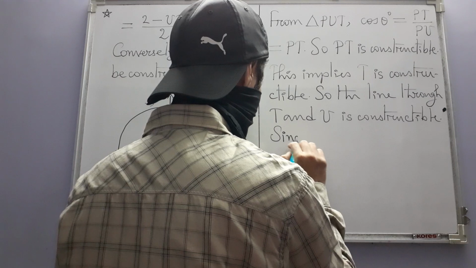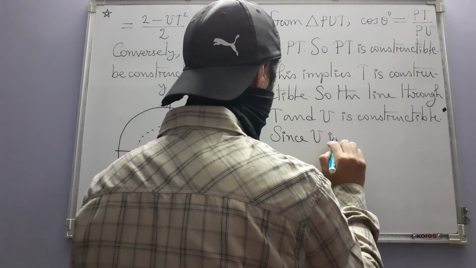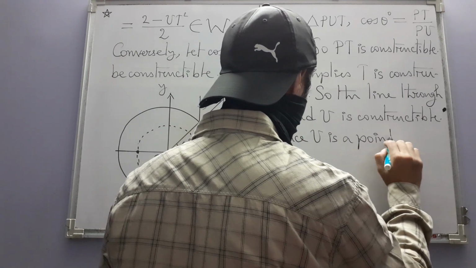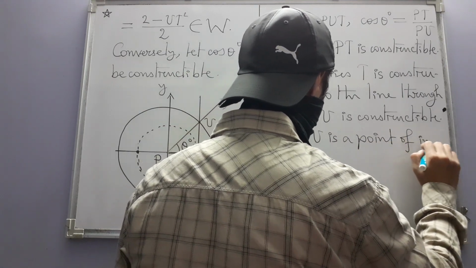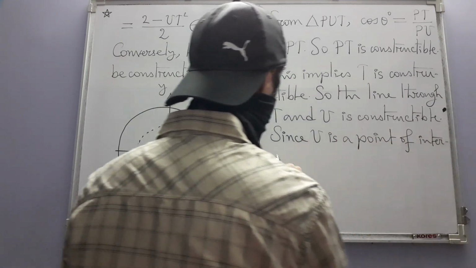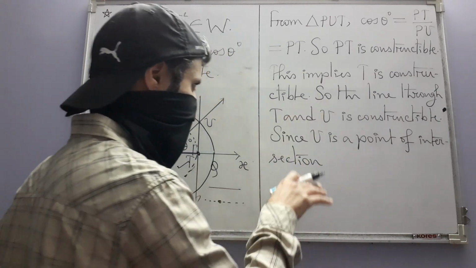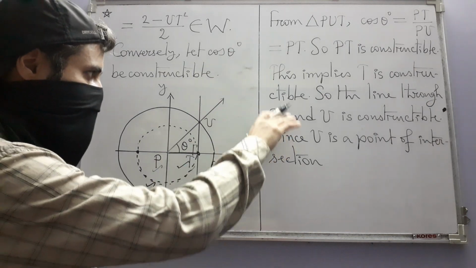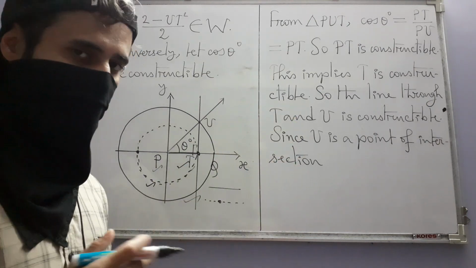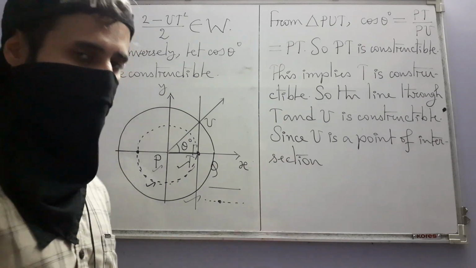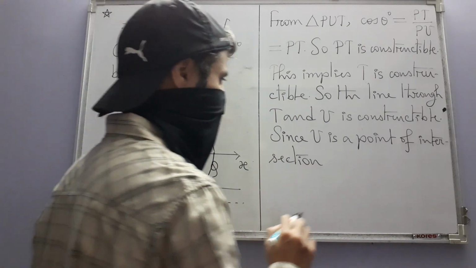Since U is a point of intersection, this part I am writing because here the steps are somewhat confusing. Confusing means we don't readily see how the steps are coming, so that's why I am writing.